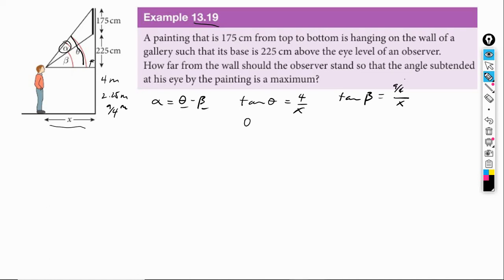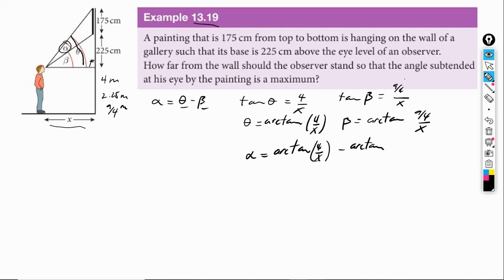So theta is going to be the inverse tangent, so the arc tangent of 4 over x, and then beta is going to equal the arc tangent of 9/4 over x. So that means that alpha is equal to the arc tangent of 4 over x minus the arc tangent of 9/4 over x.